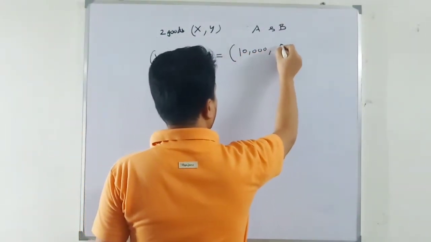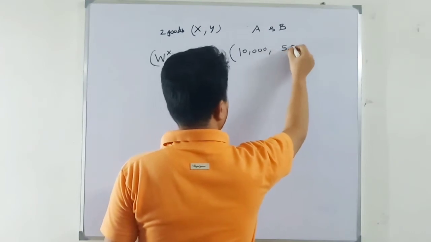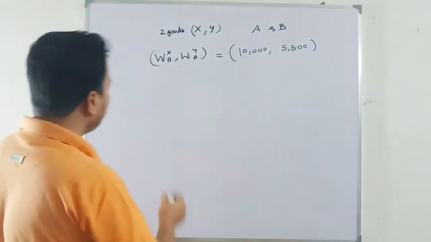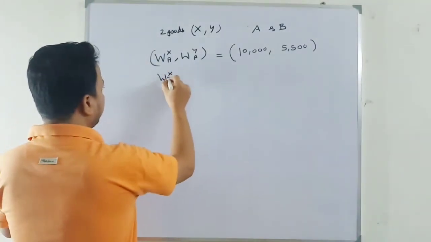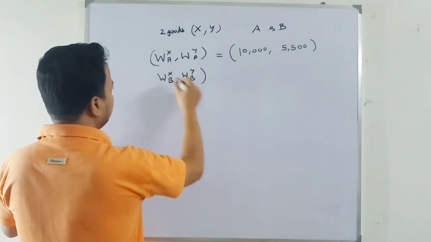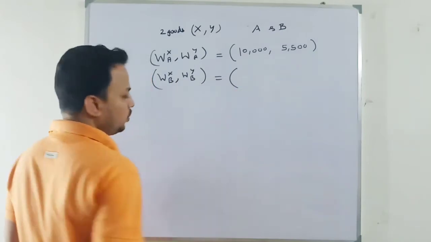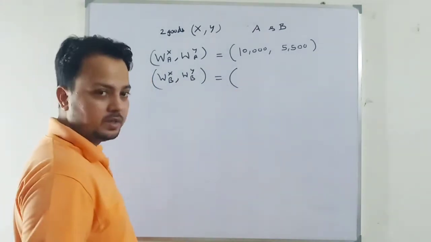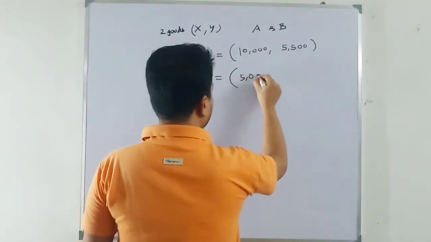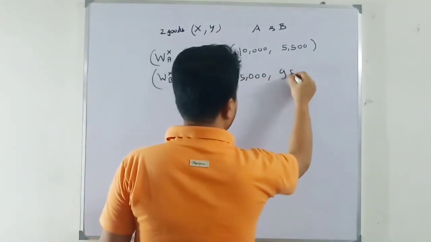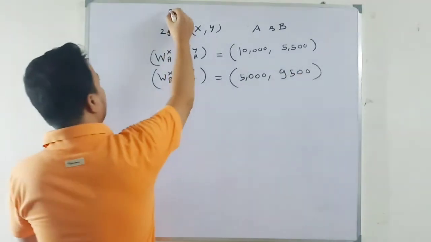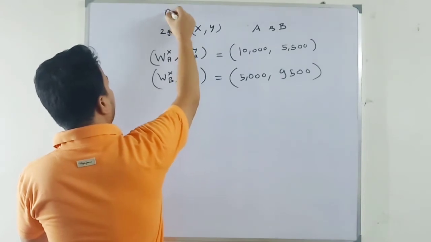Then the endowment of good X with consumer B and of good Y with consumer B is also given, because we are in an exchange economy. It is 5,000 and 9,500. So we are doing a problem of Pareto optimality.